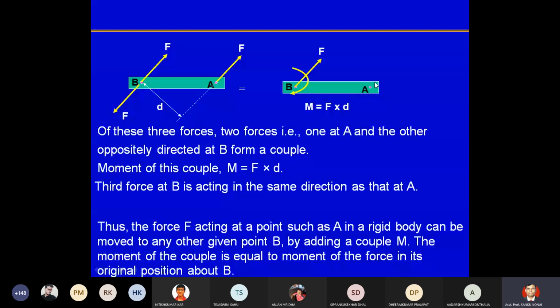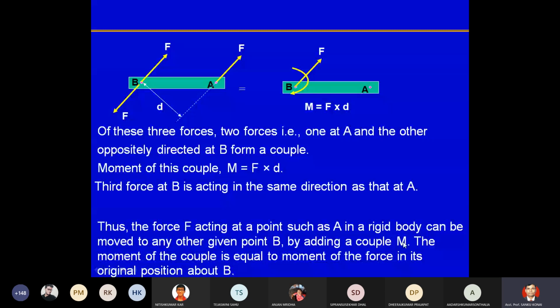Thus, a force acting at a point such as A in a rigid body can be moved to any other given point B by adding a couple moment M. The moment of the couple is equal to the moment of the force in its original position about B.